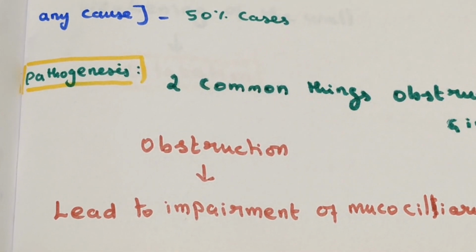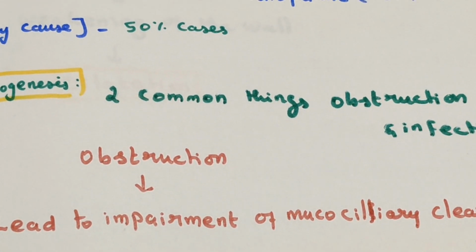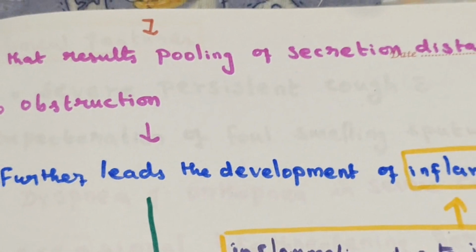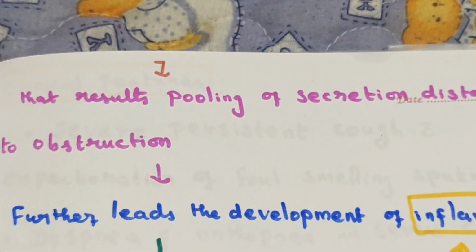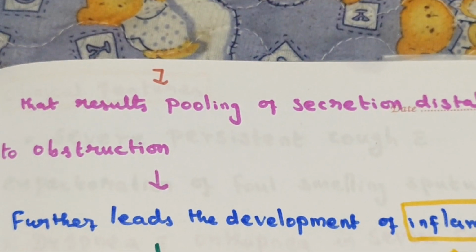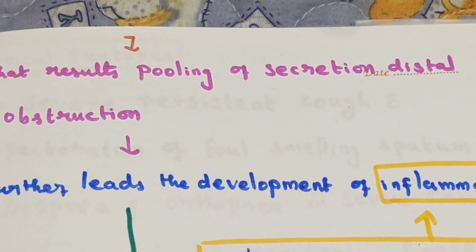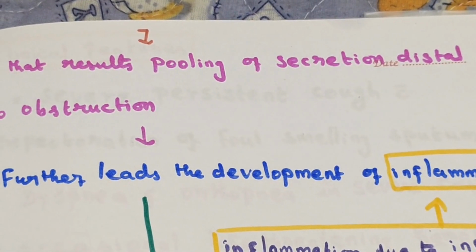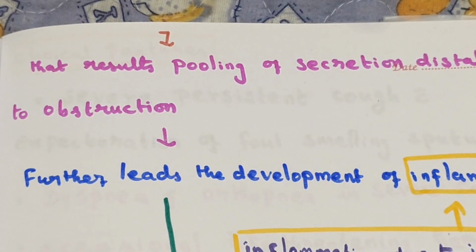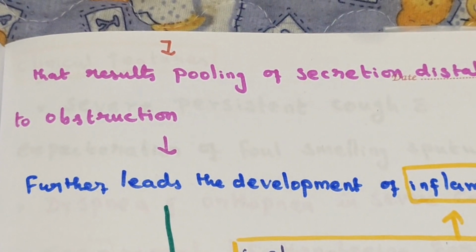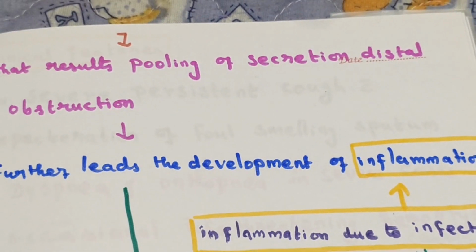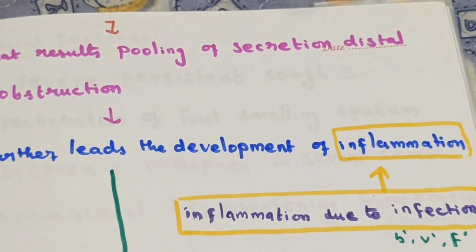That obstruction leads to impairment of mucociliary clearance, which results in pooling of secretion distal to the obstruction, which further leads to the development of inflammation.